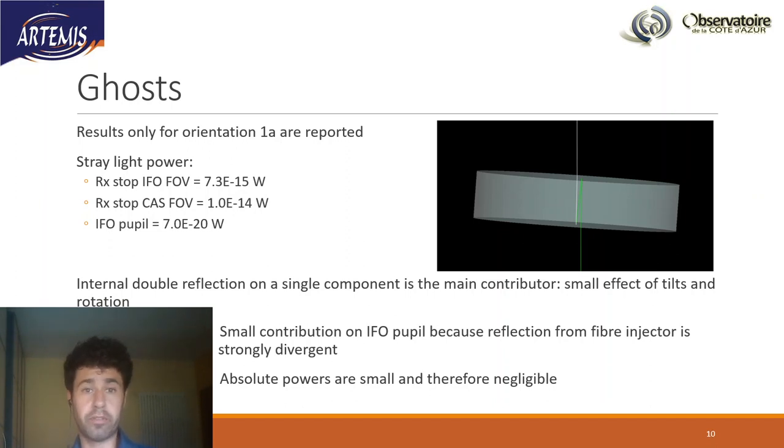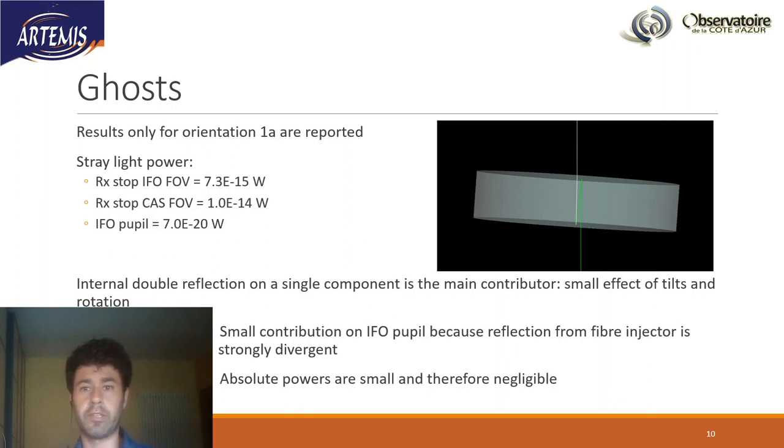And some considerations: the main ghost paths are the ones due to double reflection inside a single element, like is shown in this picture. This is an effect that cannot be avoided by changing positions or putting a bump, but since the numbers are small, this will not lead to problems, and we consider these values to be negligible.